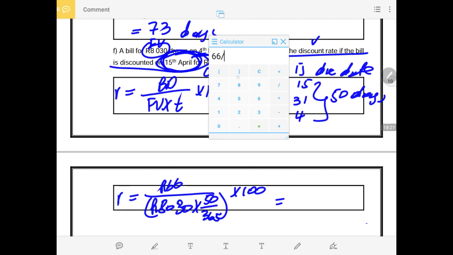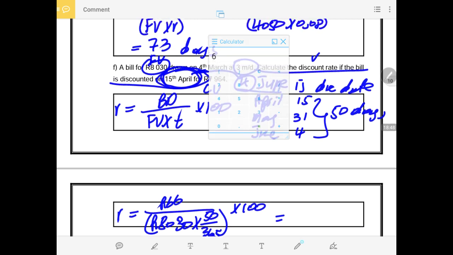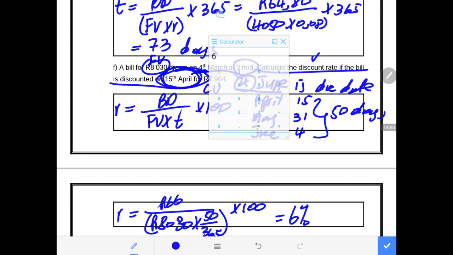So 66 divided by open brackets 8,030 times by 50 divided by 365 close brackets. For the accuracy of your calculator, please do so, equal. Then we multiply this by 100. After we multiply this by 100, we get exactly 6%, meaning this is the rate of interest that was charged by the bank. So the interest is 6%.